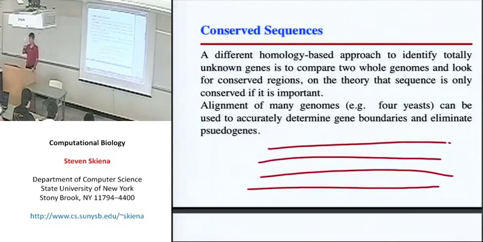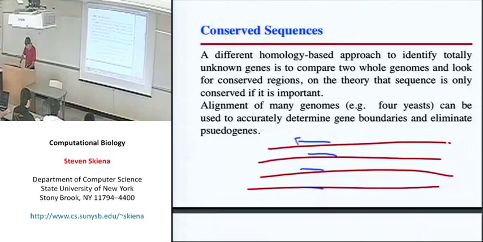To me and you, yeast is yeast, right? But there are lots of different yeast species that are 20 million years apart, 5 million years apart, 100 million years apart. You could imagine a world where if you sequence all of them and you align them, if there is an important gene, it's going to show up in all 4 species.